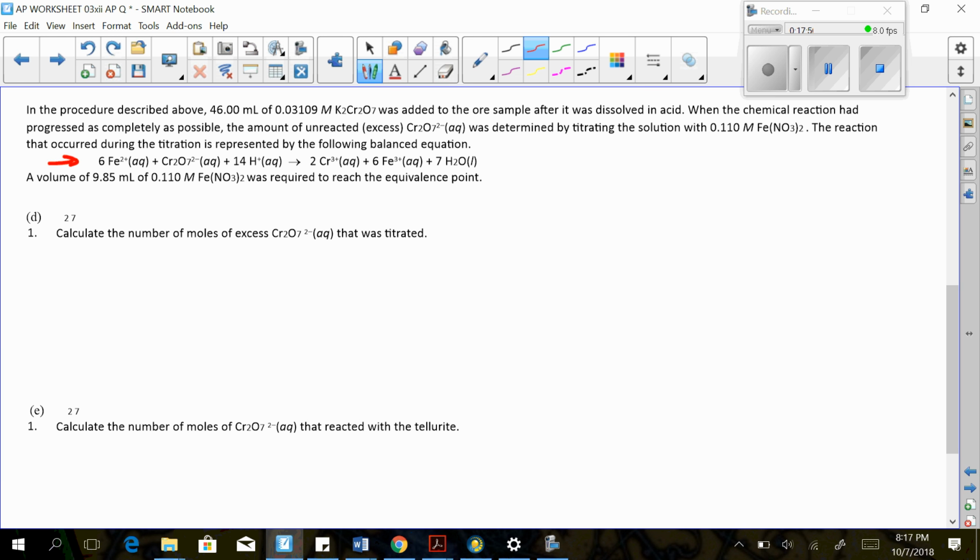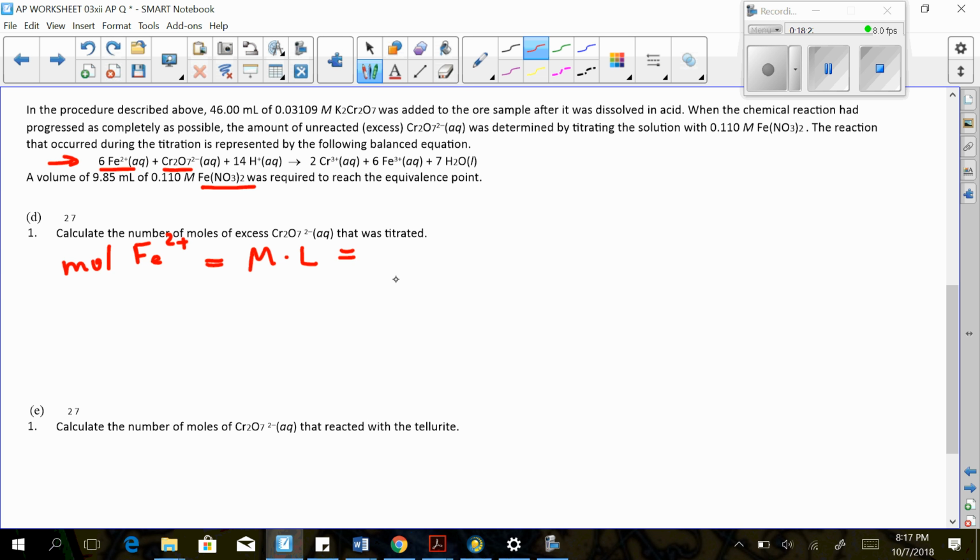Well, if we are given information about the iron nitrate, we know how much iron reacted with the dichromate, so we can do that. So step 1 would be find out how many moles of iron reacted. And to do that, if we take the molarity times the number of liters, we can figure out how many moles.